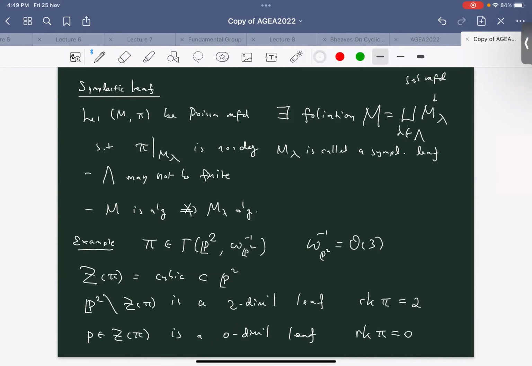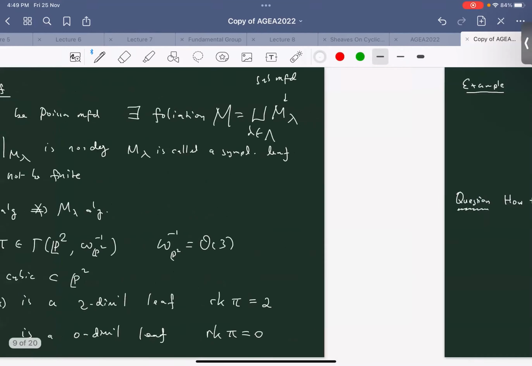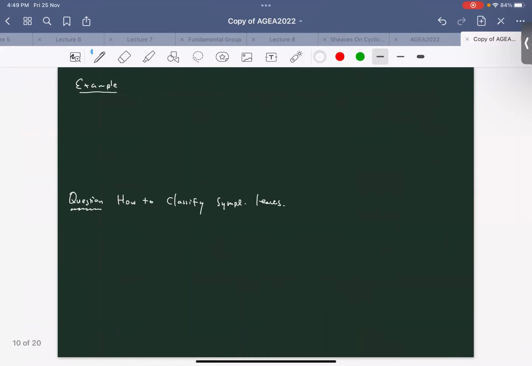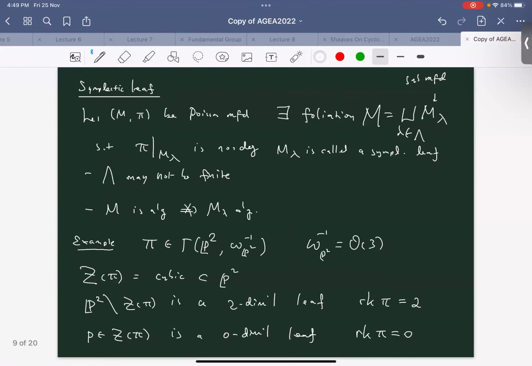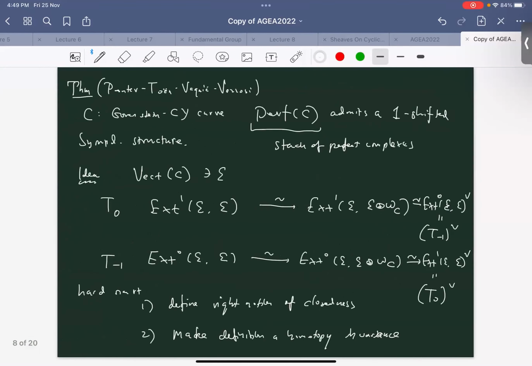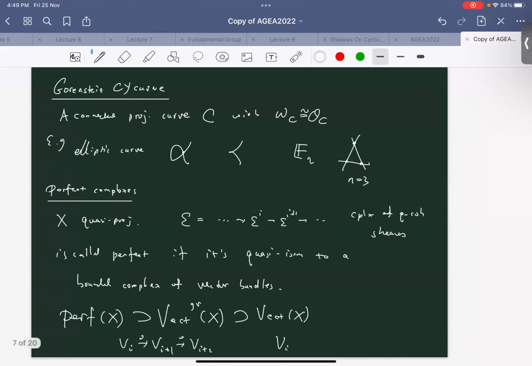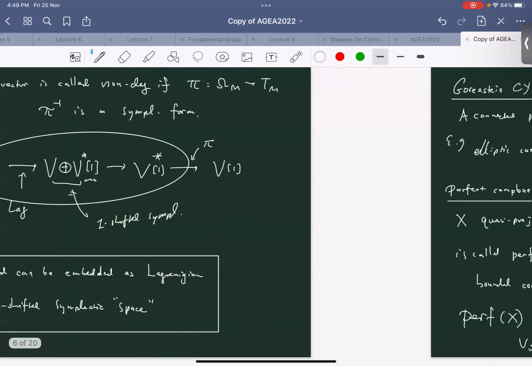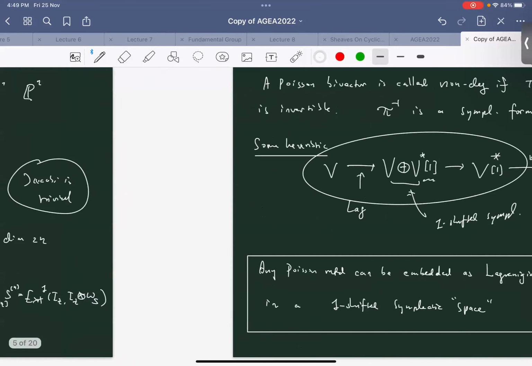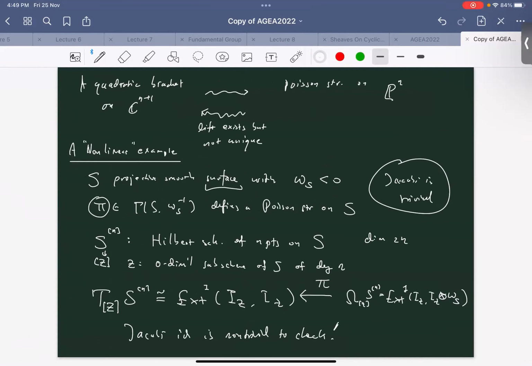So this is a relatively trivial example, but let me now give a less trivial example. I take P2, but take the Hilbert scheme of 2 points. P2 itself, if you choose an anti-canonical section, gives you a Poisson structure, but the Hilbert scheme of points will inherit a Poisson structure defined in the following way.